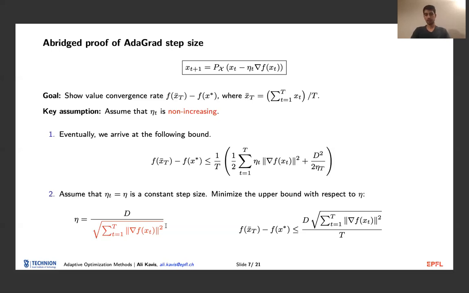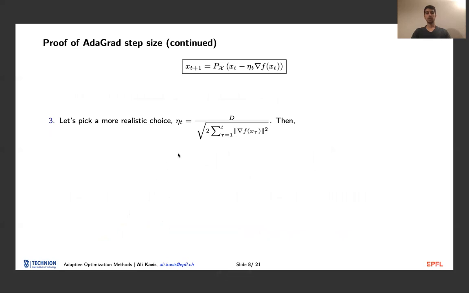It's kind of obvious that instead of summing everything up to the time horizon that we don't know, we can compute the following step size: D over square root of the sum of all the gradient norms until this point. The factor of two is necessary to optimize the bound, but we can ignore it.